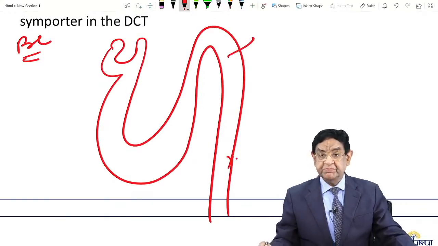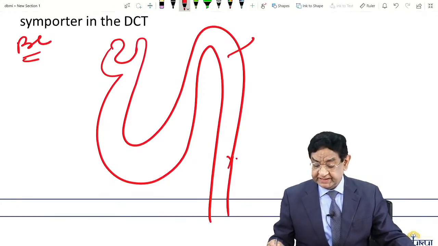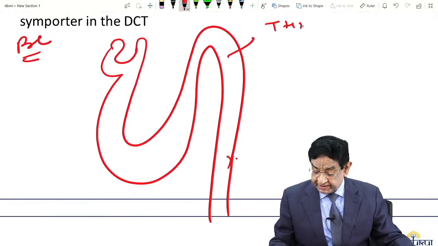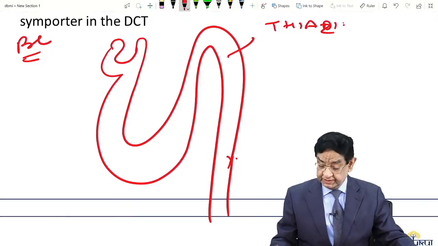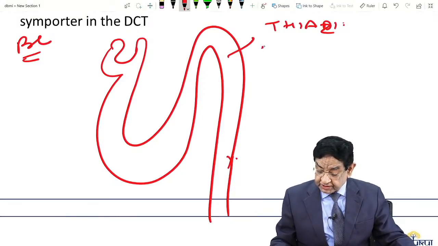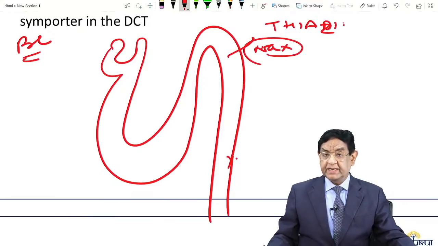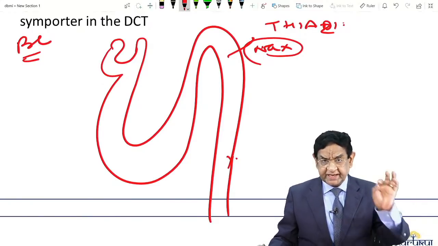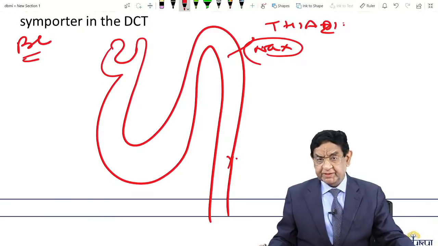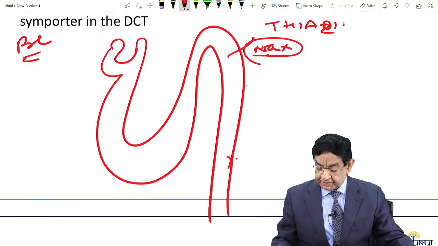This is the proximal part of the DCT where thiazide diuretics act. What do they do? Normally, sodium is reabsorbed at the distal part of the DCT, and here only sodium is reabsorbed. When we use thiazide, they inhibit sodium reabsorption.